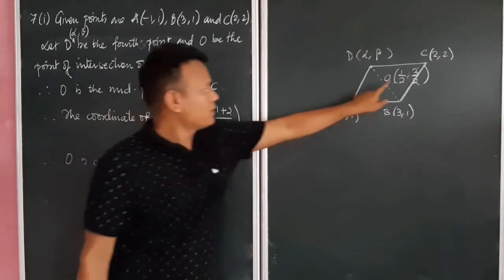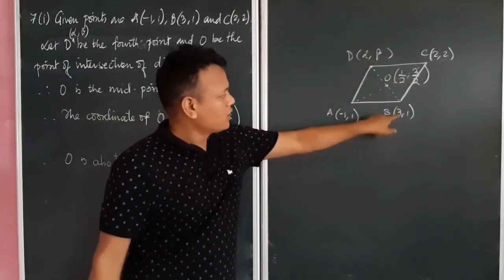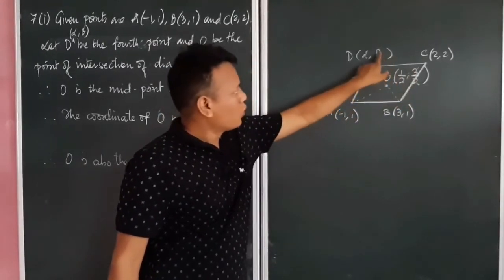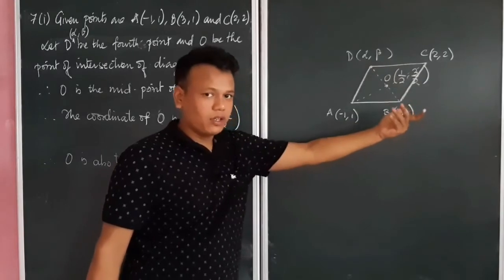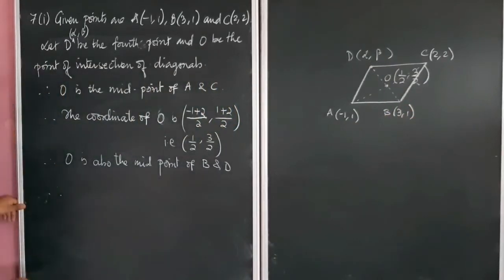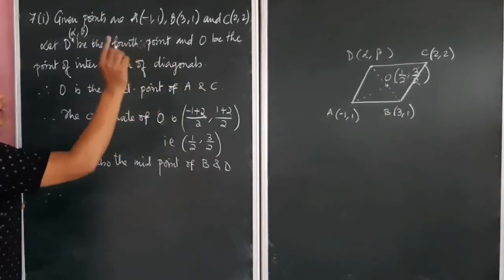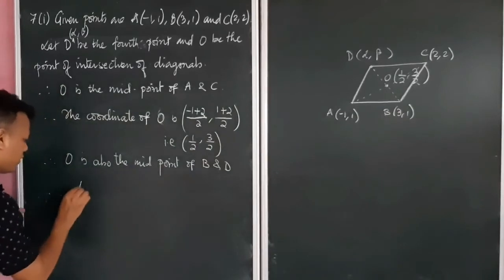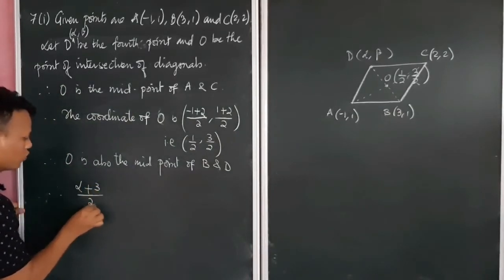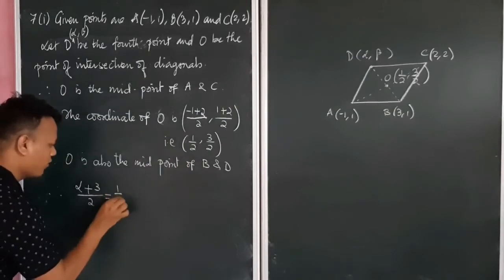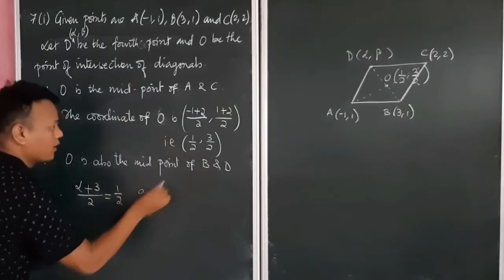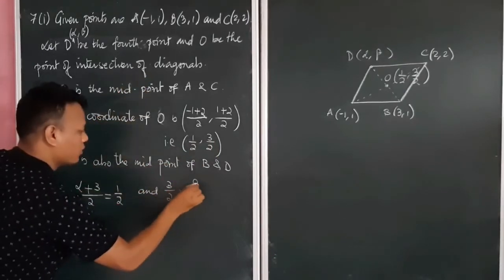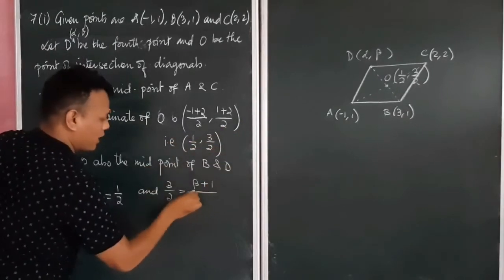So half will be equal to alpha plus 3 divided by 2, and similarly 3 by 2 will be equal to y1 plus y2, that is beta plus 1 divided by 2. X1 is alpha, x2 is 3, so x1 plus x2 by 2 is equal to half. And 3 by 2 is y1 plus y2 by 2, where y1 is beta and y2 is 1.